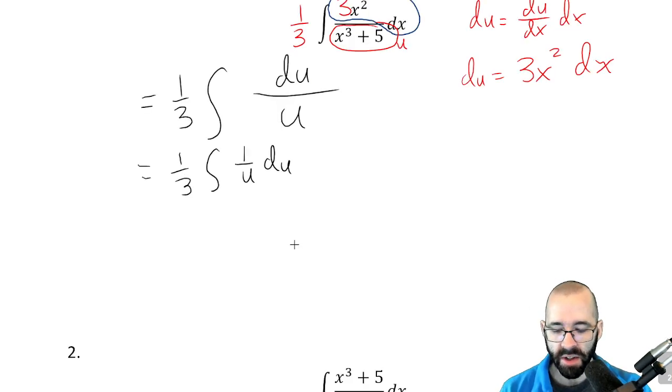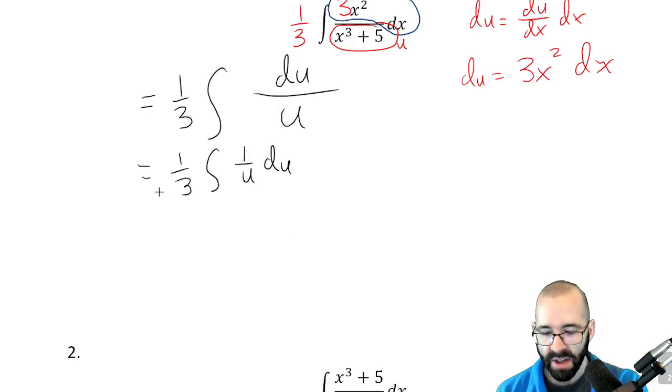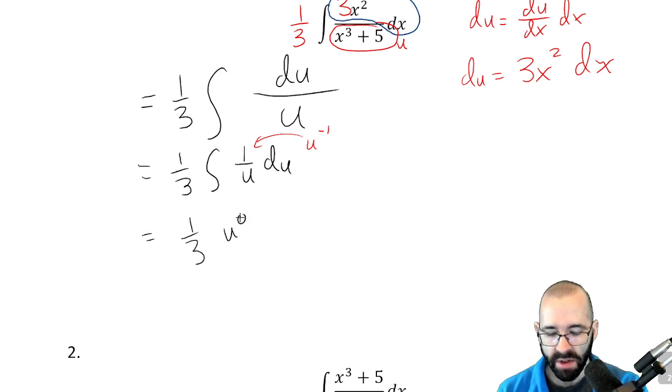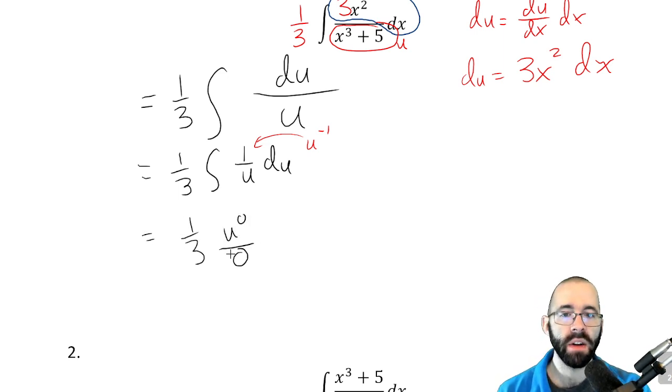And let's say you use the power rule. You say, okay, this is u to the -1. So we're going to add a power, u to the 0, and divide by that power. That's not good. We do not want to divide by 0.